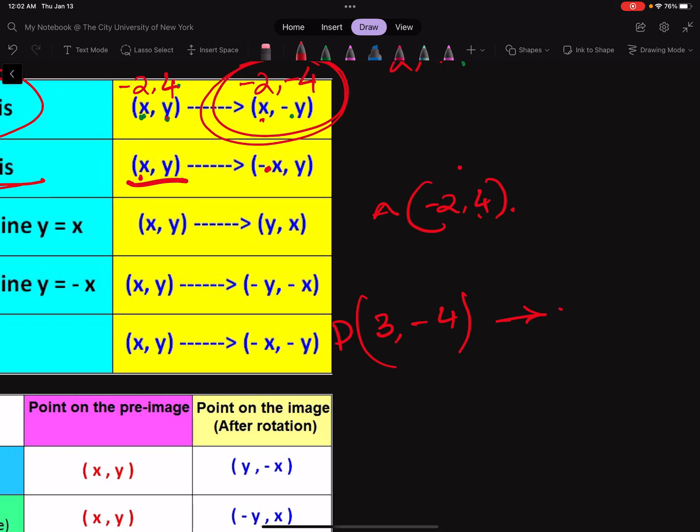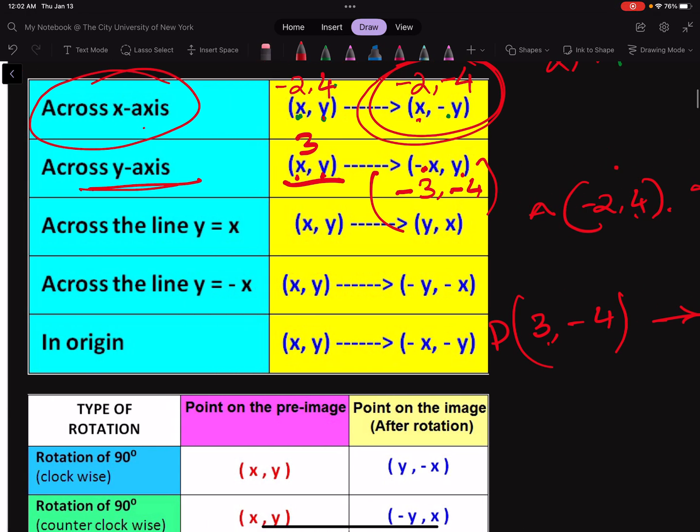So your x is 3, that becomes -3, and your y is -4, and y stays as it is. So the image, P prime, here became (-2, -4) for the x-axis, and here it becomes (-3, -4). So this way you'll have to work.